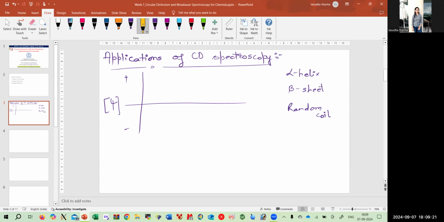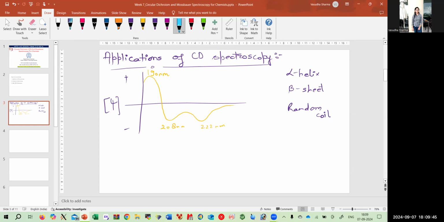That is one of its applications. We can easily identify which kind of secondary structure is being formed. The signature for the alpha helix goes from positive and comes to two negative bands, around 190 nanometer, at 208 nanometer and 222.